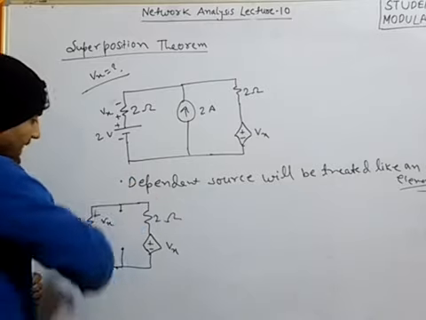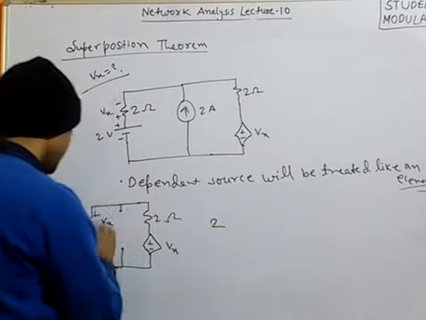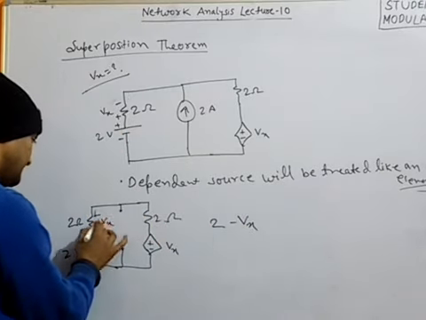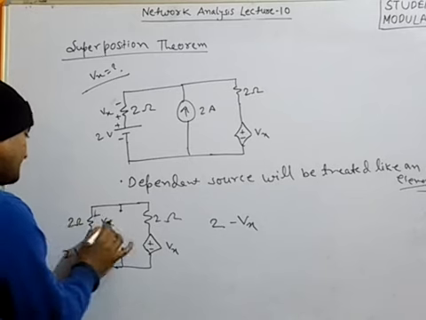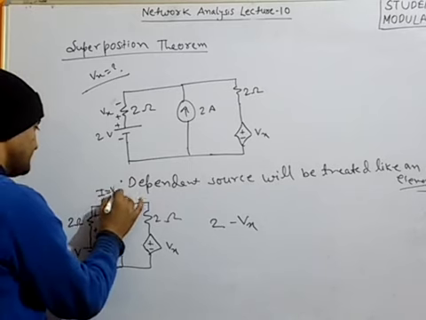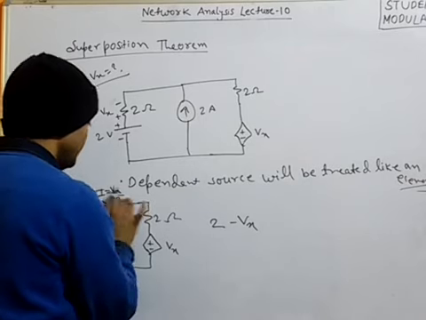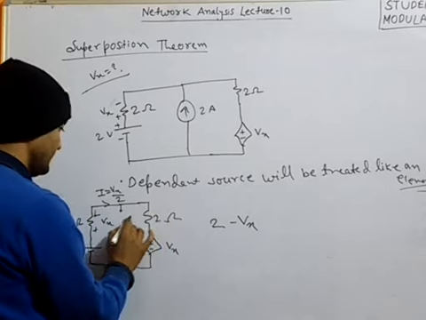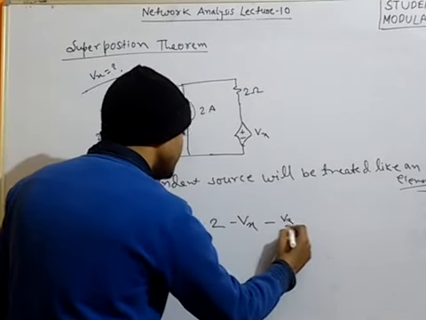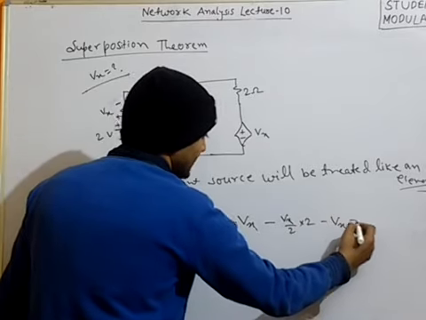Just applying KVL in this loop: 2 minus Vx, and the current through this branch will be Vx by 2. Simple calculation, voltage by resistance, Vx by 2. That current will flow through this, so the drop will again be minus Vx by 2 into 2, of course, and again minus Vx, taking the exiting polarity.